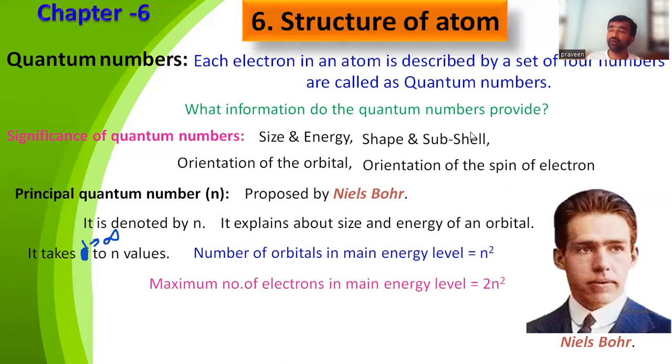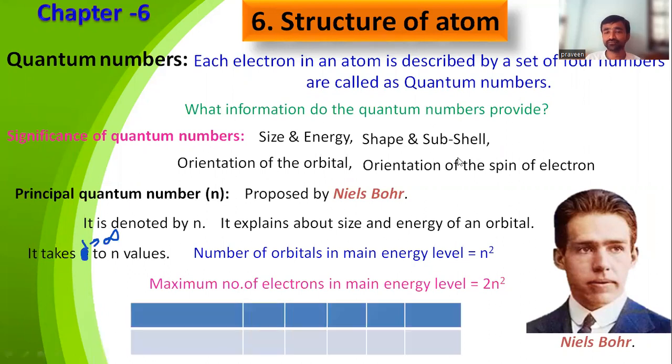For example, for the first main energy level, n equal to 1, the first shell called K, the number of electrons is 2 into 1 squared, equal to 2. So maximum 2 electrons can be put into it.